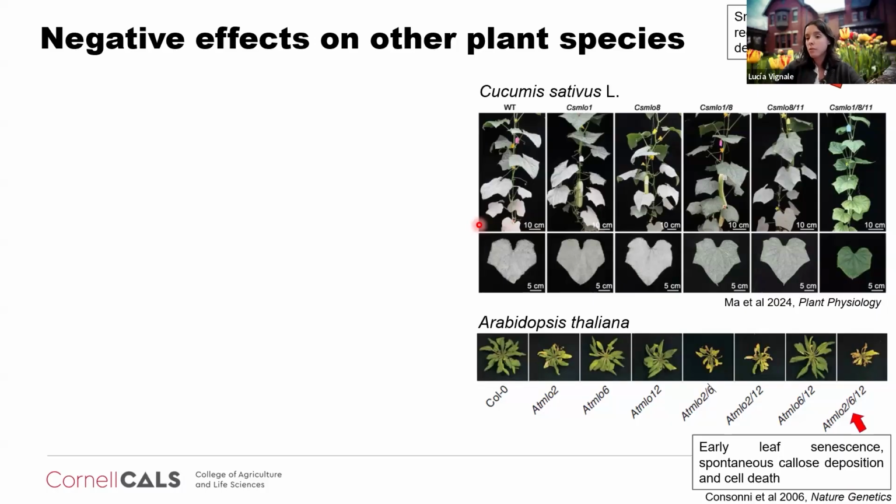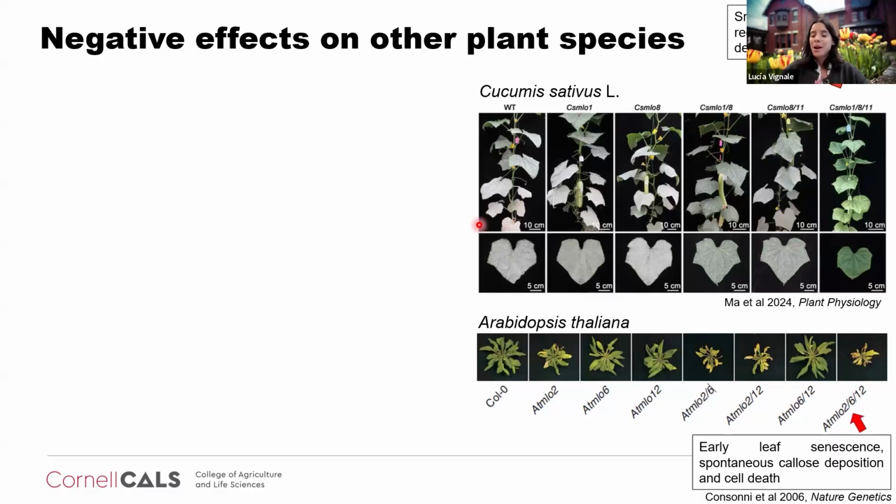In the case of cucumber, when you mutate the 3 clade 5 MLO genes, you see that the plants are shorter and they have smaller leaves, and also the fruits are smaller. And in the case of Arabidopsis, if you mutate all of them, you start seeing some premature senescence, some spontaneous callose deposition, the reactive oxygen species get deregulated, and you have premature cell death.